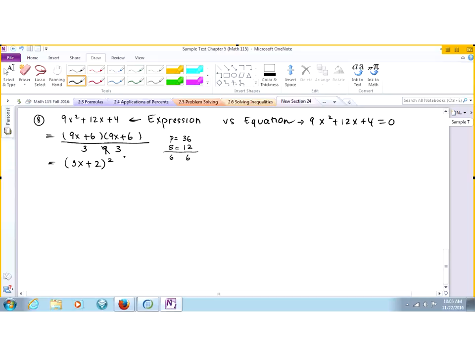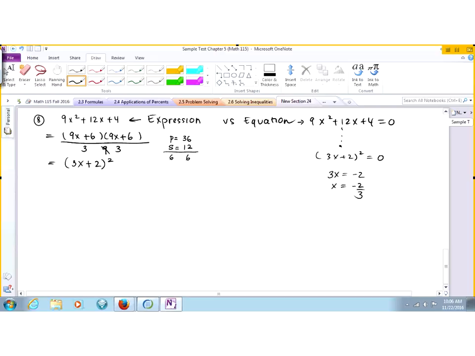Okay. So 3x plus 2 times 3x plus 2, so 3x plus 2 squared. Are we done here? Yes. But if you have 3x plus 2 squared equal to 0, what were you supposed to do? 3x is equal to negative 2, x is equal to negative 2/3.